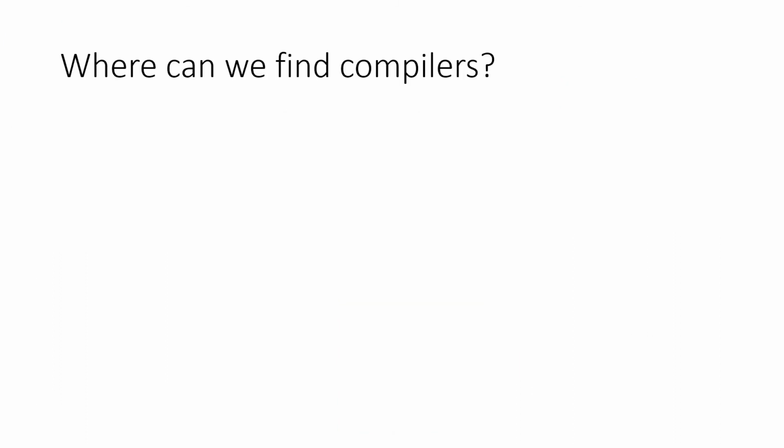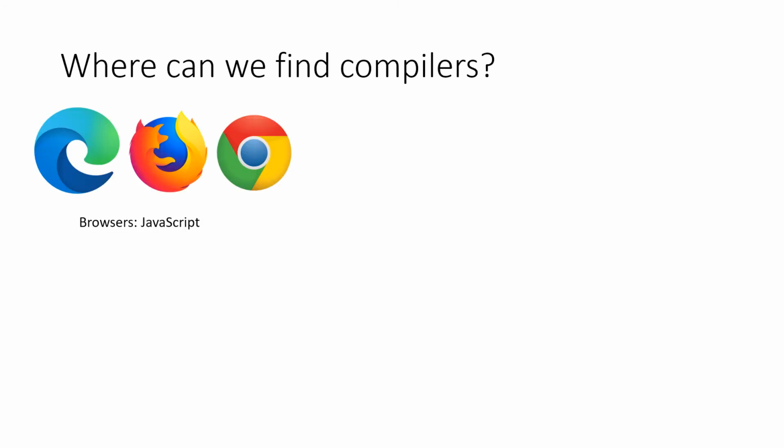And so probably you've never heard about compilers before, but they are everywhere. You just don't know that they are there. So where can we find them? For example, in browsers that you use to access the internet, they have compilers inside. You may have heard about JavaScript.